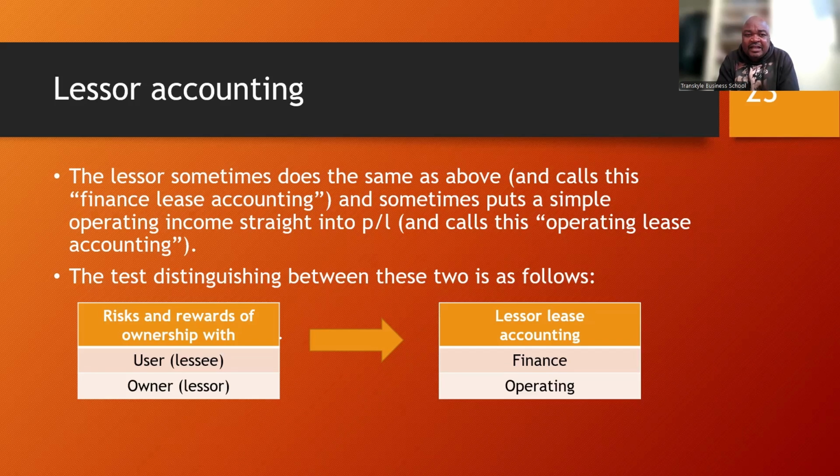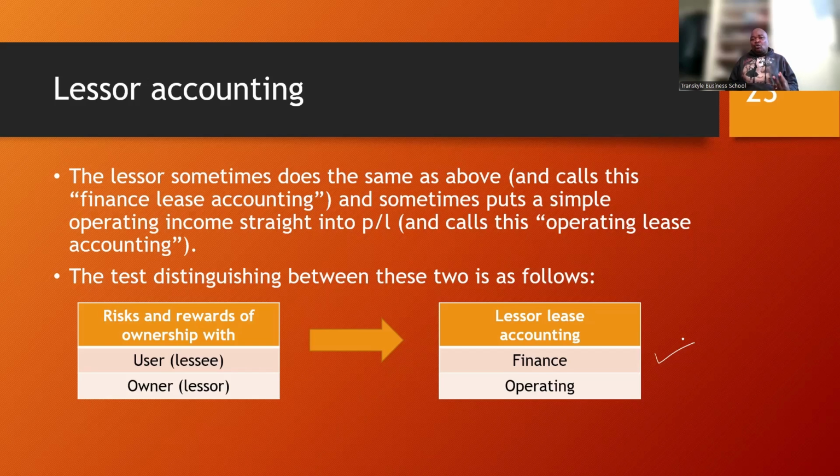So if there is transfer of risks and rewards from the lessor to the user, then this is accounted for as a finance lease. In the books of the lessor, if all the risks and rewards associated with the property are transferred, all the maintenance, everything is just being done by the tenant, then that would be a finance lease.